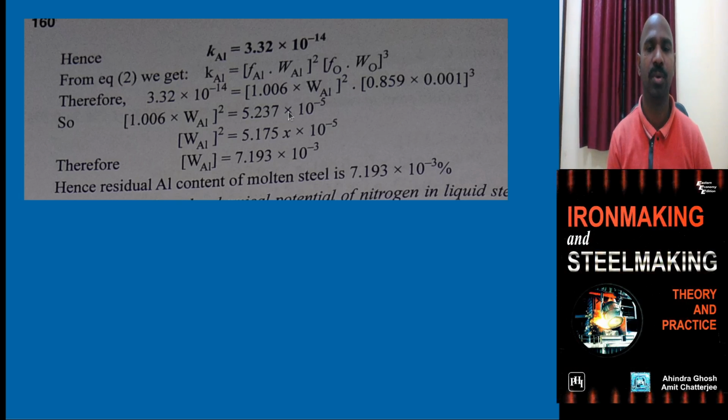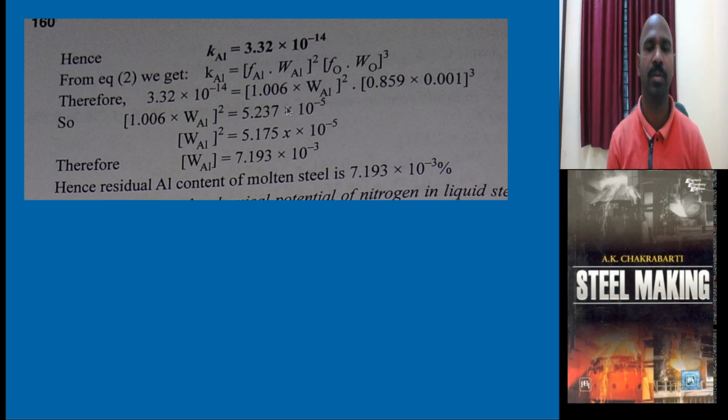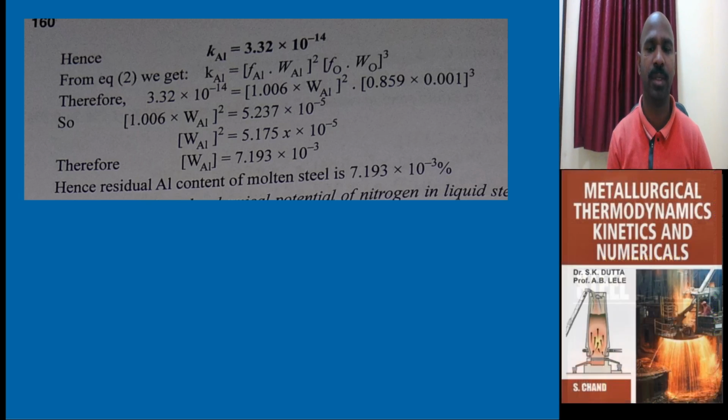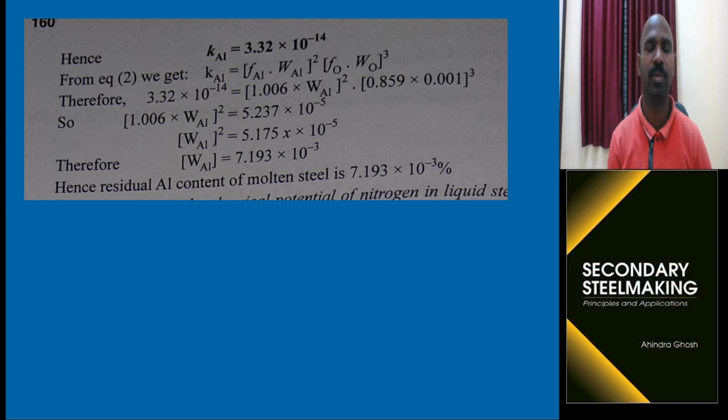This much aluminium was retained. In an exam like GATE, for a 1 mark question you do not need to solve the entire thing. If it is a large 10 marks question, you need to solve all of these, remembering the interaction parameter equations and those simple relations. Otherwise it will be asked as part of the entire problem.